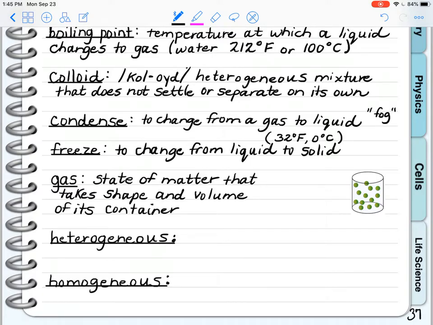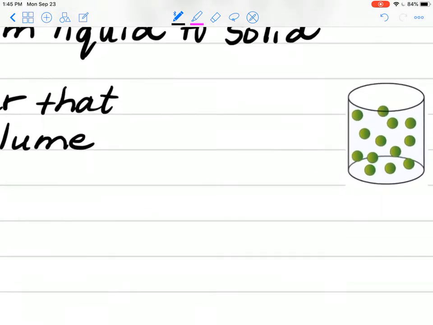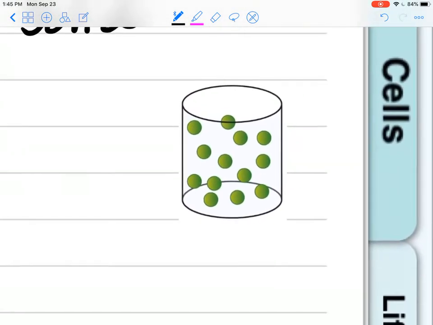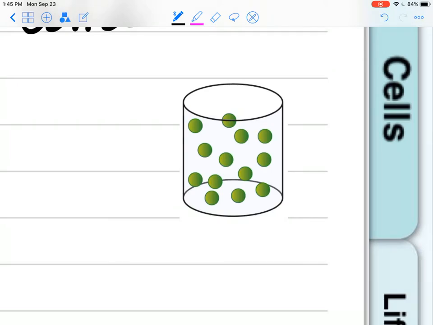If you need to stop your video, that's fine. But let's zoom in right here. What you're looking at are some molecules of gas. So this is a molecule of a gas in a container. And you see how those molecules spread out and they take the shape of the container. They are confined by the container. Okay.